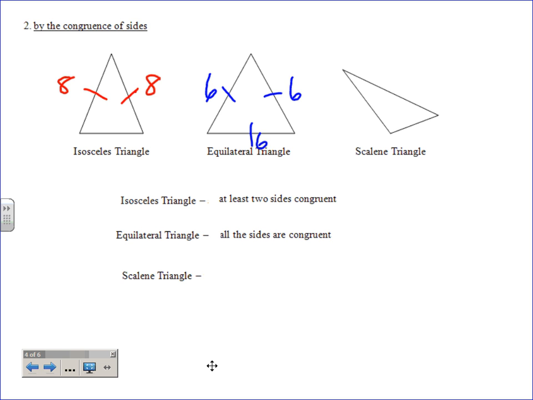Yes? So is an equilateral triangle also an isosceles? That was the question that was just asked, and that's going to come up in a second. Scalene. I think we all know that one, right? No sides are congruent, or all the sides are different.